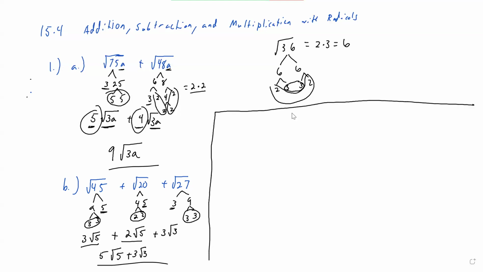Let's look at another one. Cube root of 9x minus cube root of 72x. Even though it's a cube root, the process is still the same. What two things multiply to 9? 3 and 3.